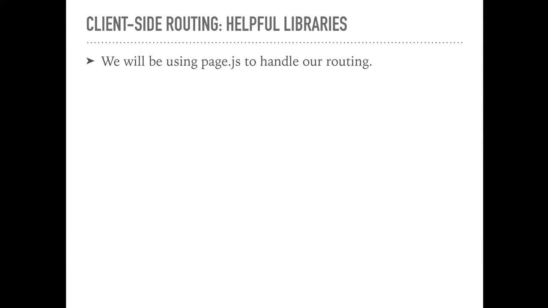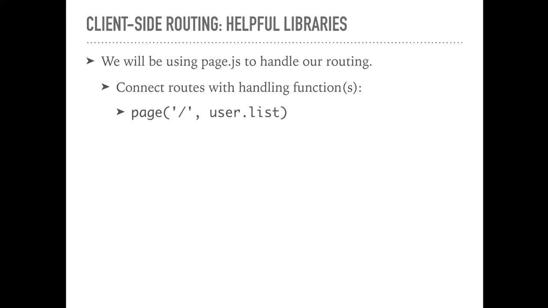So what Page.js is doing for us is it's essentially hooking into that history API that we just demoed to be able to capture clicks and push the current state of the browser to the address bar, thus preserving its history. And here's an example of what some of the Page invocations look like.